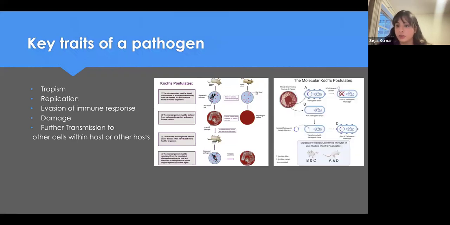And then there are also molecular postulates, which is essentially the same thing, but dealing at a molecular level. So I think if you isolate the gene from the pathogenic strain and knock out the gene involved, then it leads to the loss of the phenotype.